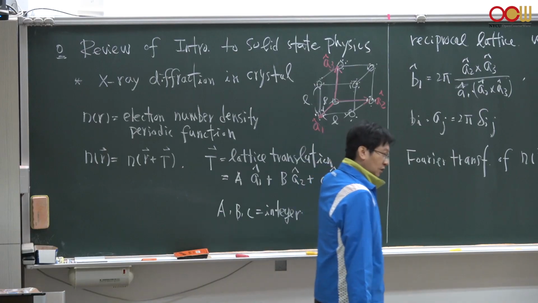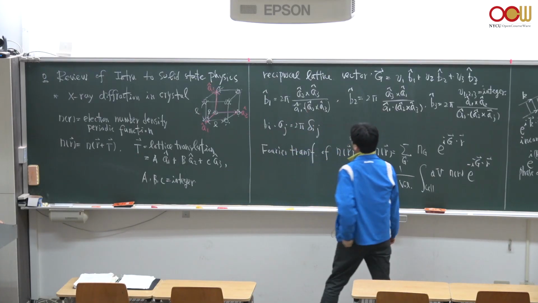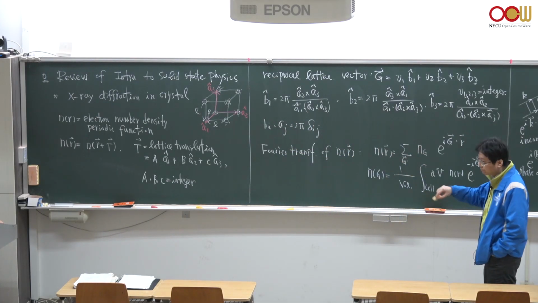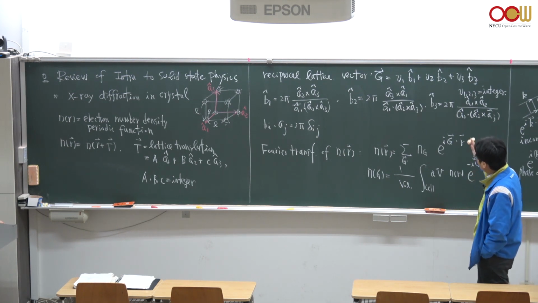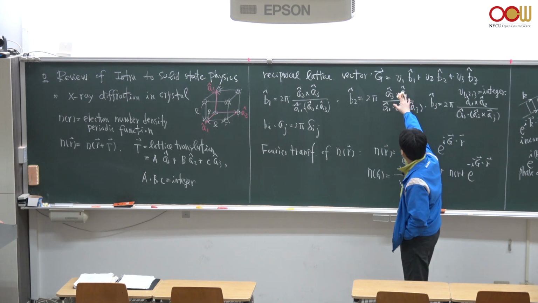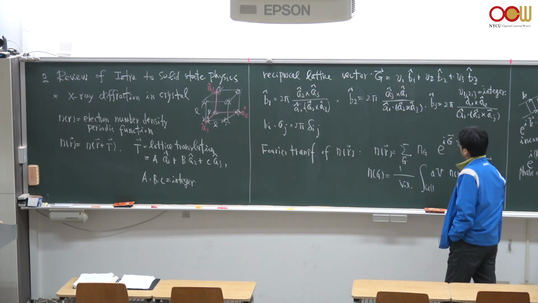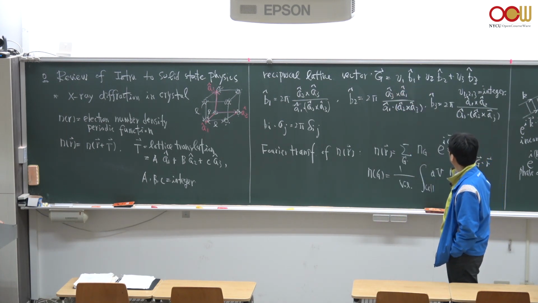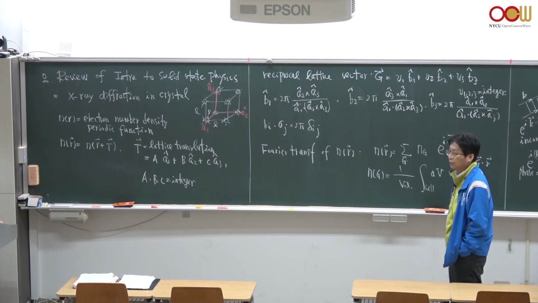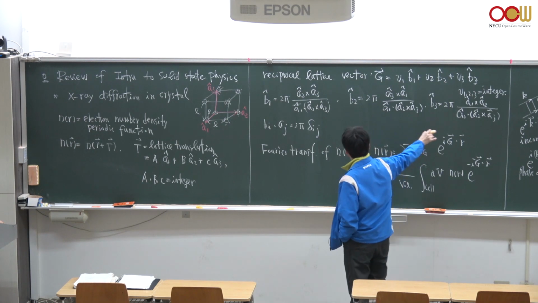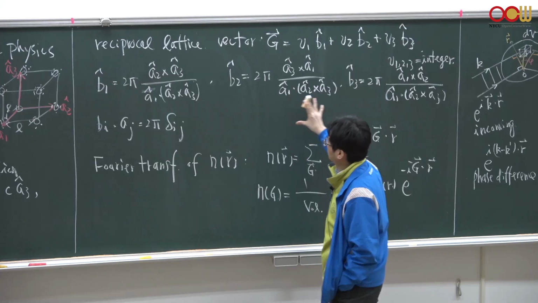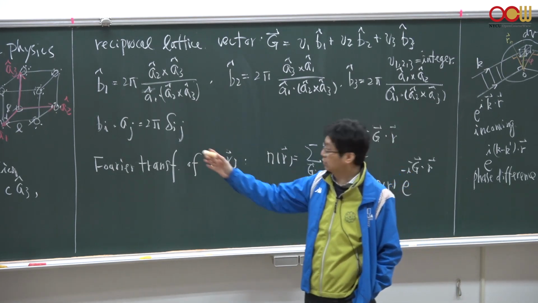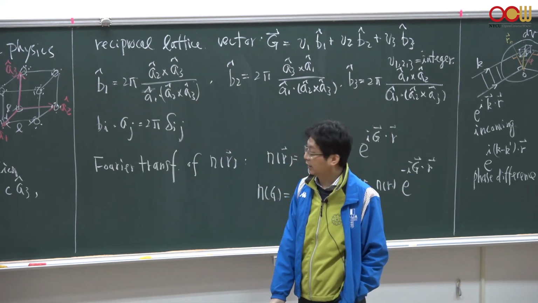And we could also define the so-called reciprocal lattice vector, which is in sort of a Fourier space or momentum space. The reciprocal lattice vector is defined, again, by integer multiples of a linear combination of the three reciprocal lattice vectors b1, b2, and b3, where b1, b2, and b3 are defined by this form in relation to the real space lattice vectors a1, a2, and a3.